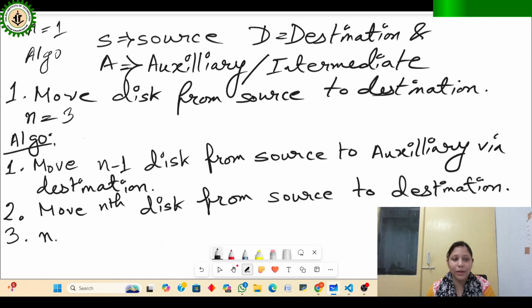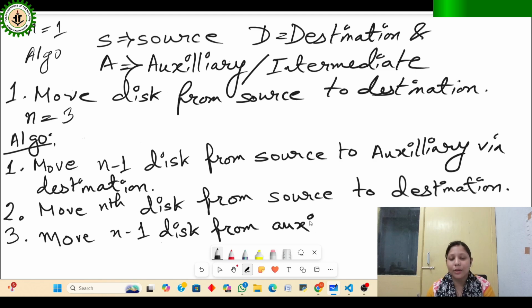And our third point is, move n minus 1 disk from auxiliary to destination via source.